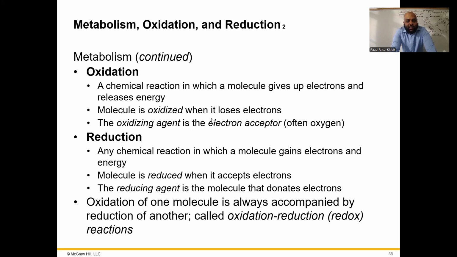A molecule is oxidized when it loses electrons, and the oxidizing agent is the electron acceptor. Okay, reduction, any chemical reaction in which a molecule gains electrons and energy. So a molecule is reduced when it accepts electrons. The reducing agent is the molecule that donates electrons. So the oxidation of one molecule is always accompanied by the reduction of another, known as oxidation-reduction or redox reactions.